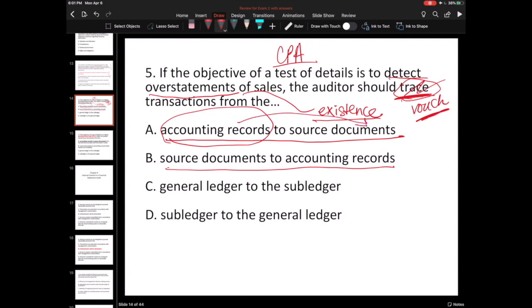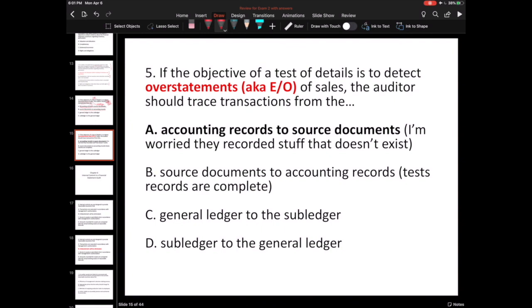So it needs to directionally go like this, which we said is the definition of vouching. I have that on this next slide, right? I say overstatements, aka a test of existence or occurrence. And I'm doing this because I'm worried they recorded stuff that doesn't exist.